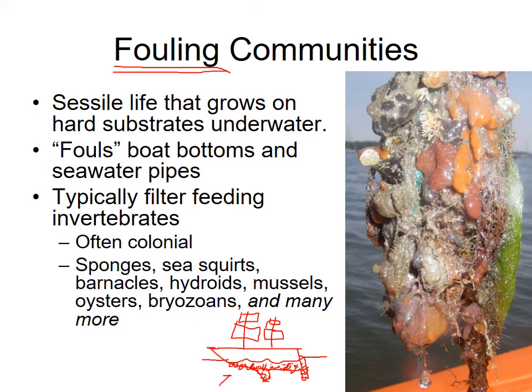So the sailors viewed this in a negative light, and they considered those organisms to be fouling the bottom of the ship. So that's why they call these things fouling organisms.